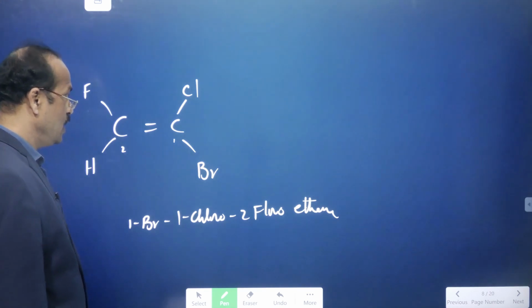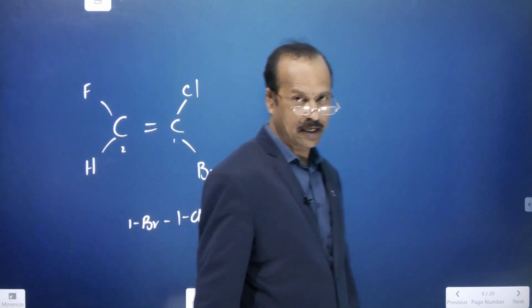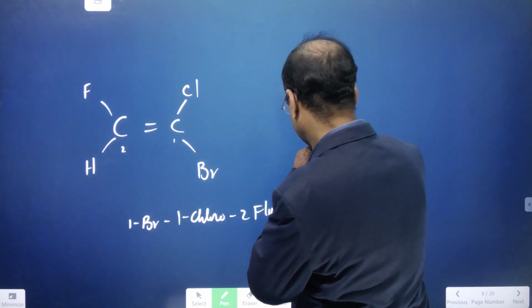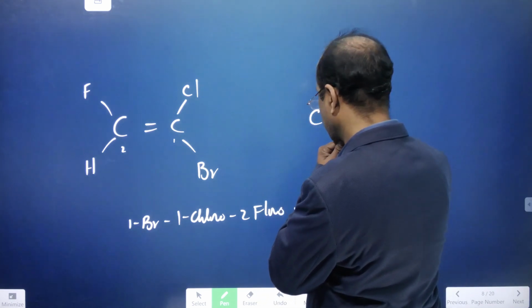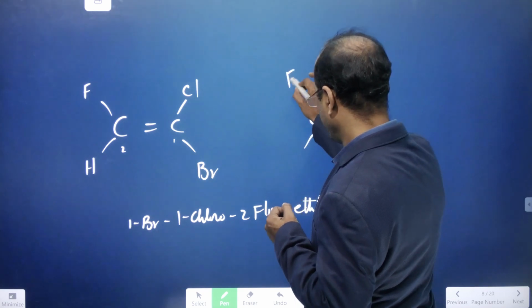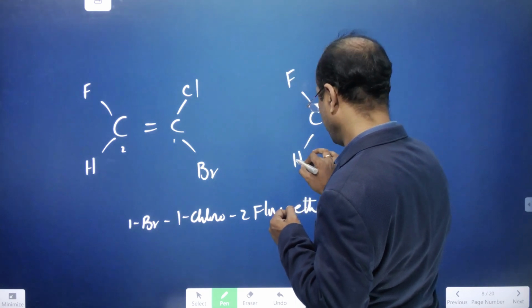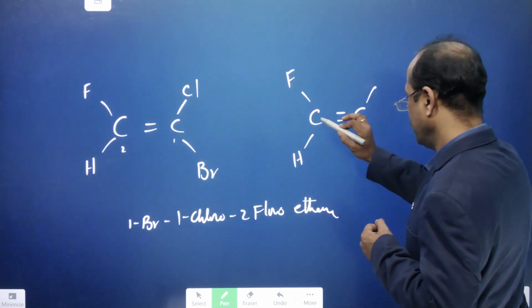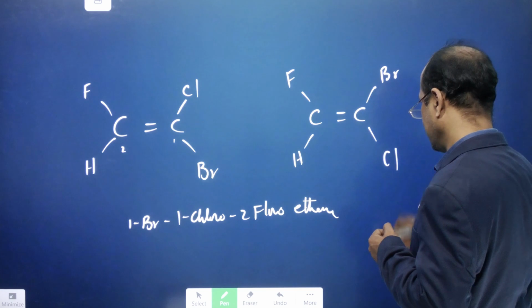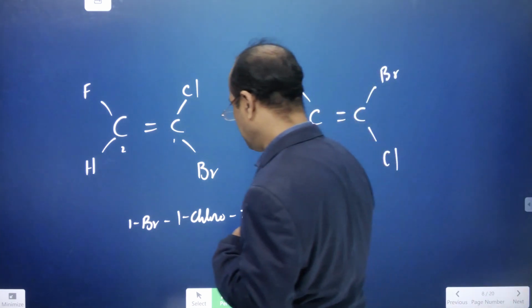Now, the same structure can be written like this: carbon double bond carbon, fluorine and hydrogen kept the same, but this side I write bromine up and chlorine down. What is the name of this one?